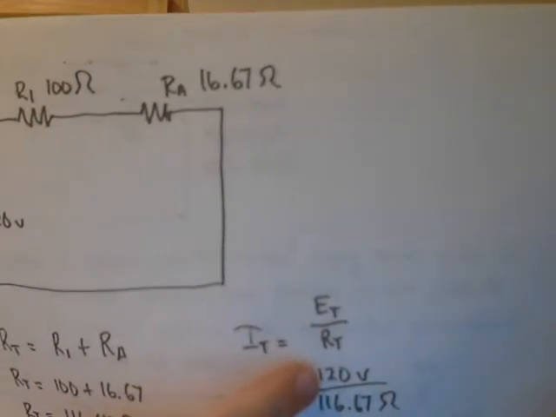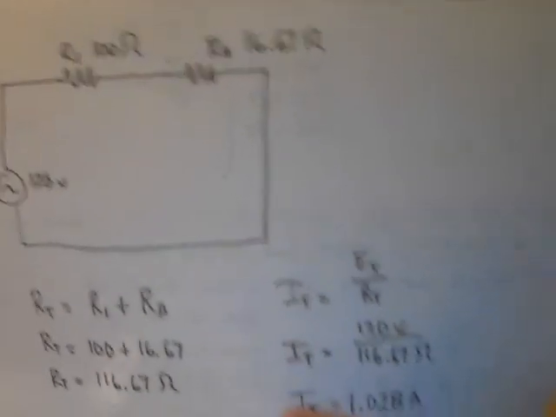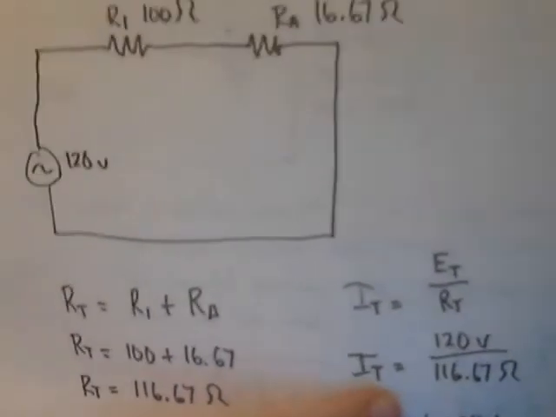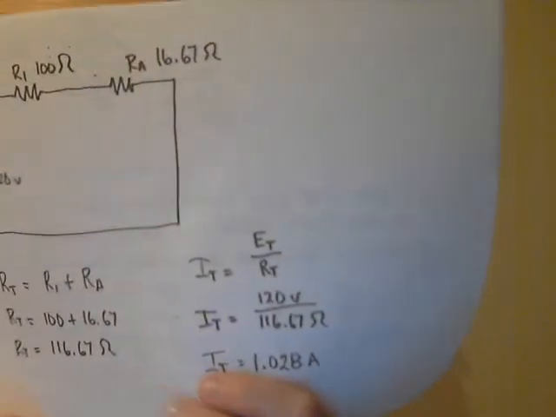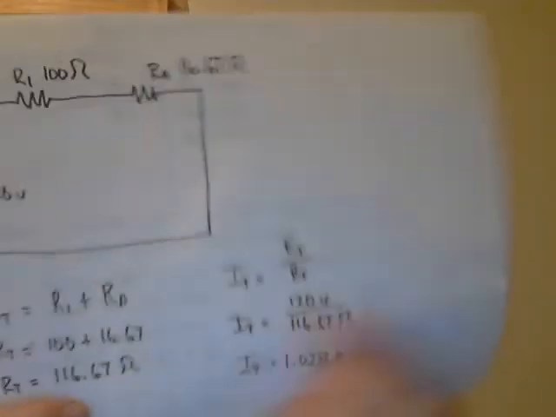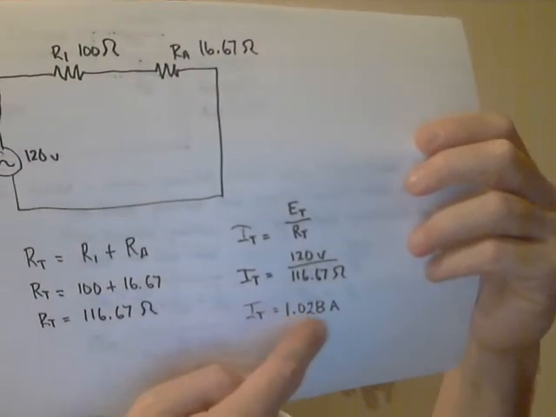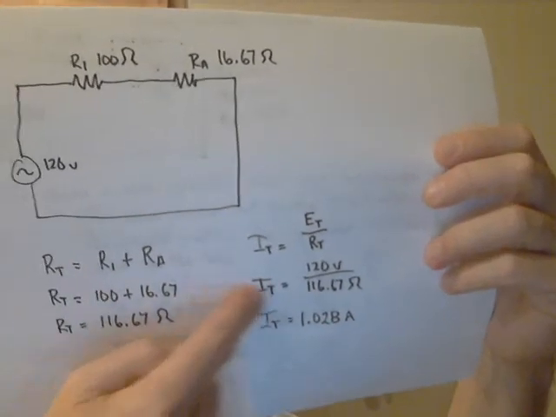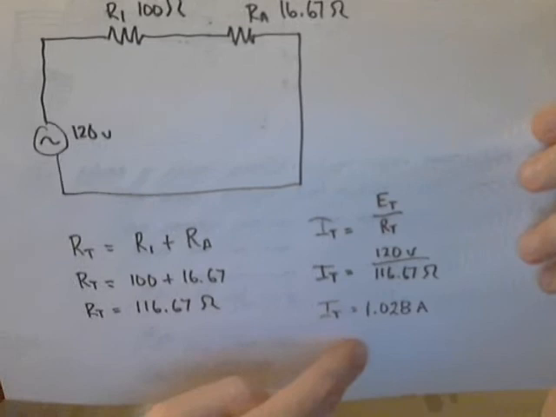Well, we know our source voltage coming out of the wall is 120 volts. So I then divide that by the total resistance, which we now find to be 116.67, and I wind up with a total current down here of 1.028 amps. So this represents the total current flowing through my circuit.